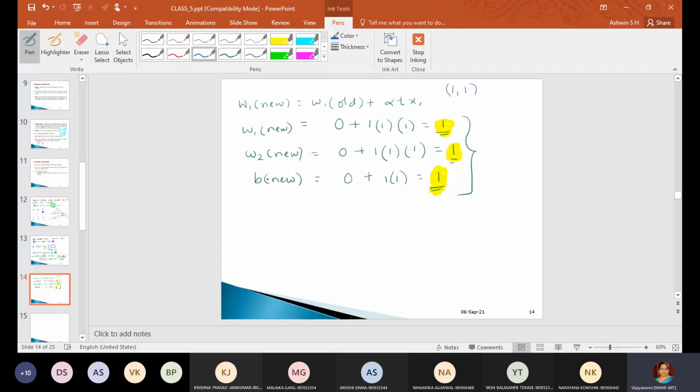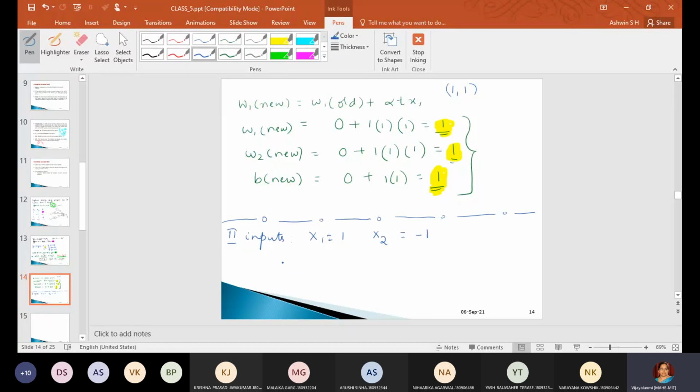Now what we'll do is repeat this for the second inputs. Second inputs are x1 equal to 1, x2 equal to minus 1.